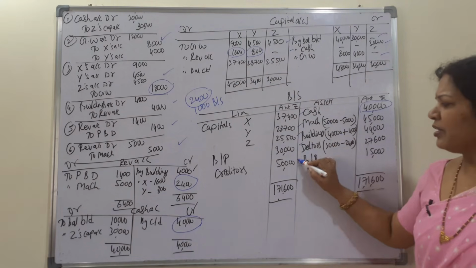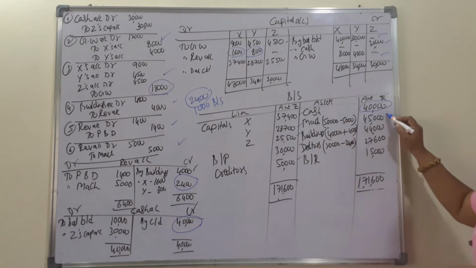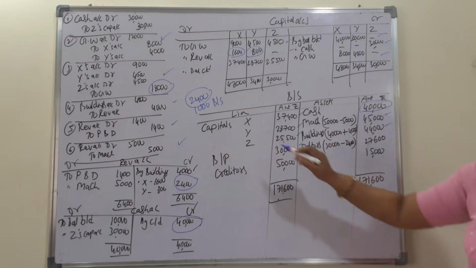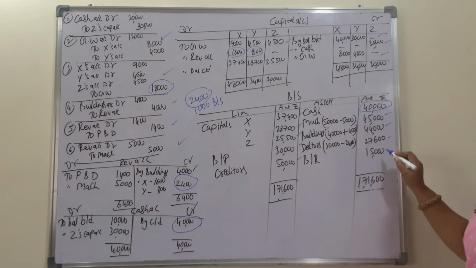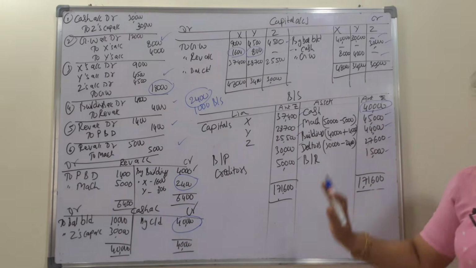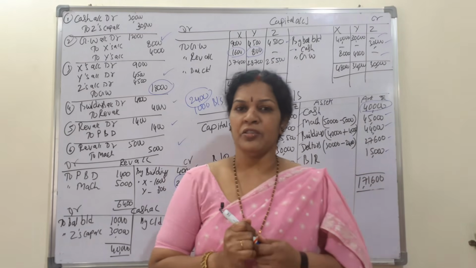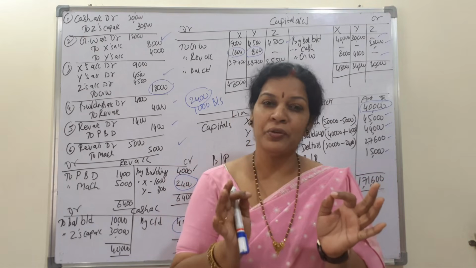And bills payable and creditors are already given in the problem. Machinery, deducted depreciation. Buildings, also added appreciation. Debtors, as I told you, 2,400 is loss, loss is to be deducted. Bills receivable already given in the problem. Tallied, that's it, simple. Whenever you are taking this partnership, admission of partners, you have to be careful about a few transactions only.